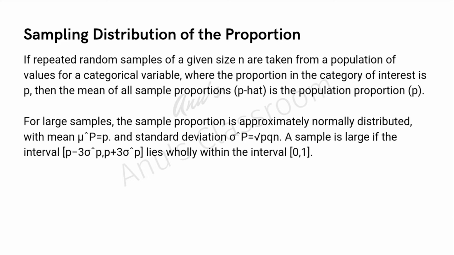For large samples, the sample proportion is approximately normally distributed with a mean we denote as mu and a standard deviation we denote as sigma. A sample is large if the interval p minus 3 times sigma sub p and p plus 3 times sigma sub p lies wholly within the interval of 0 and 1.